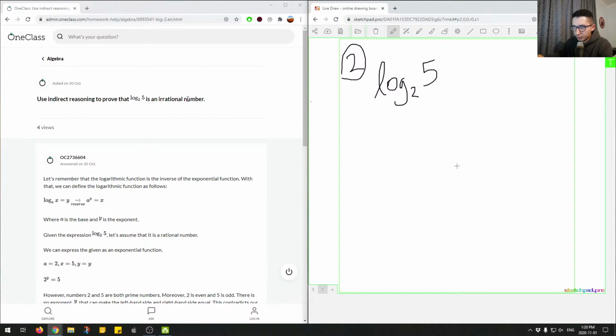Okay, so here we need to define what an irrational number is, and essentially it's the opposite of a rational number. So a rational number, I'll just write out the definition here.